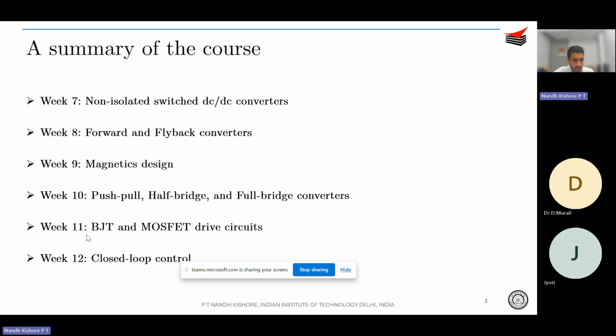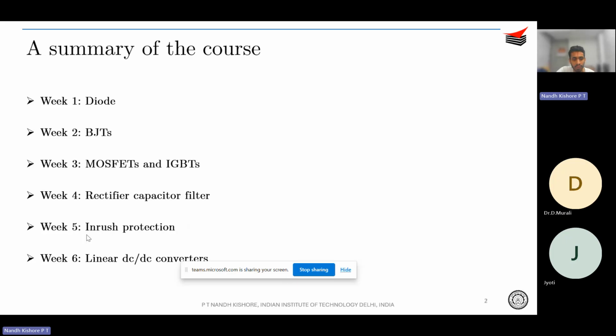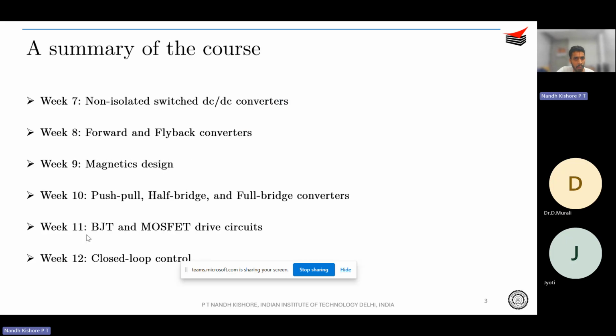And with the mathematical model, by applying linear control theory concepts, we can design controllers to regulate the output voltage or the output current or the load current or the inductor current. So that is something that would be dealt with in the next week. That is not for today. So you'll see a recapitulation from week 1 to week 11.